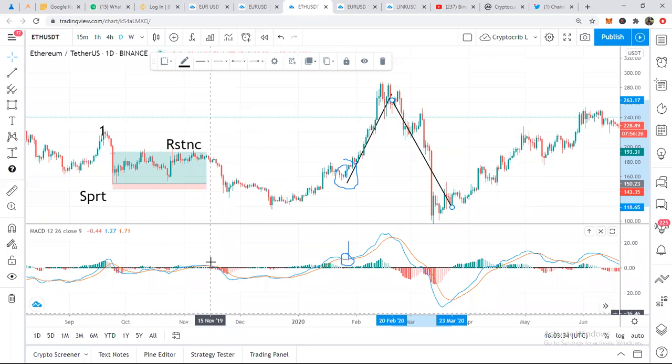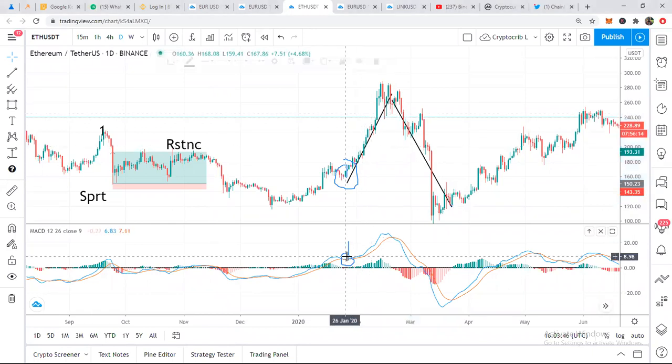Hello, Thomas. For the MACD, there is a blue line and there's a yellow line. Please, can you differentiate them? I think they have a name.